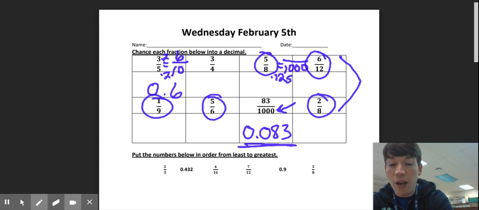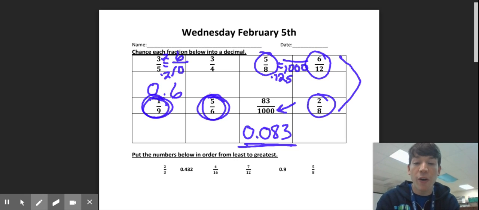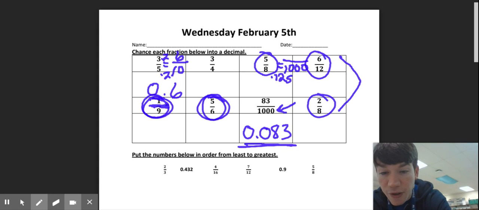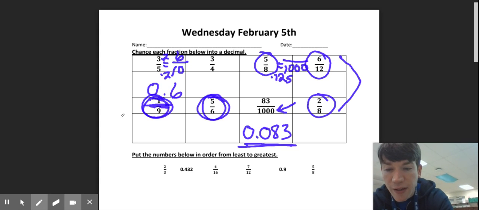Now, when it comes to 1/9 and 5/6 over here, remember we had that strategy where we said if the denominator will not change into a 10, 100, or 1,000, we have to divide. Remember this line in the center here literally means division. So that literally means 1 divided by 9, down a decimal and a 0 there.